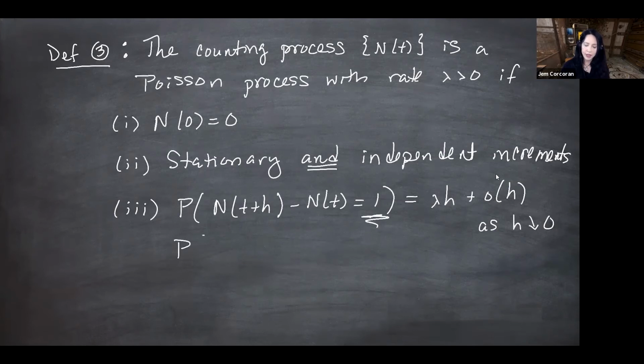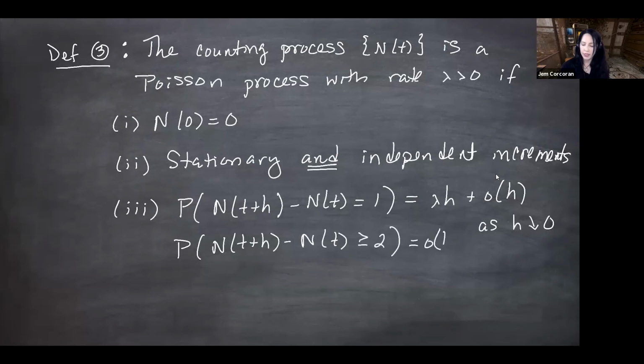There's 2 ways I can write this. I'm going to say the number of arrivals in this interval from t to t plus h is greater than or equal to 2 with probability little o of h. The way to read that in English is as the interval shrinks, you start lowering the h and pushing it down.